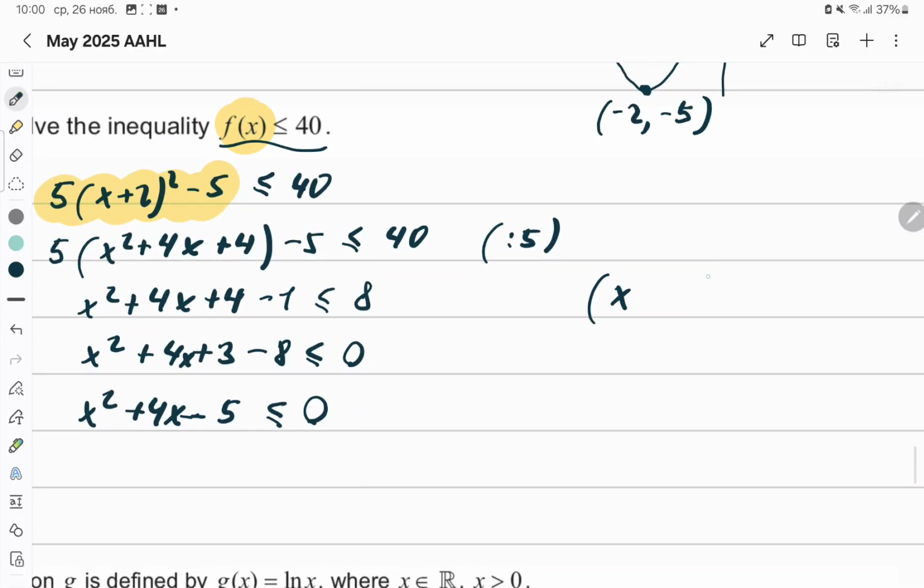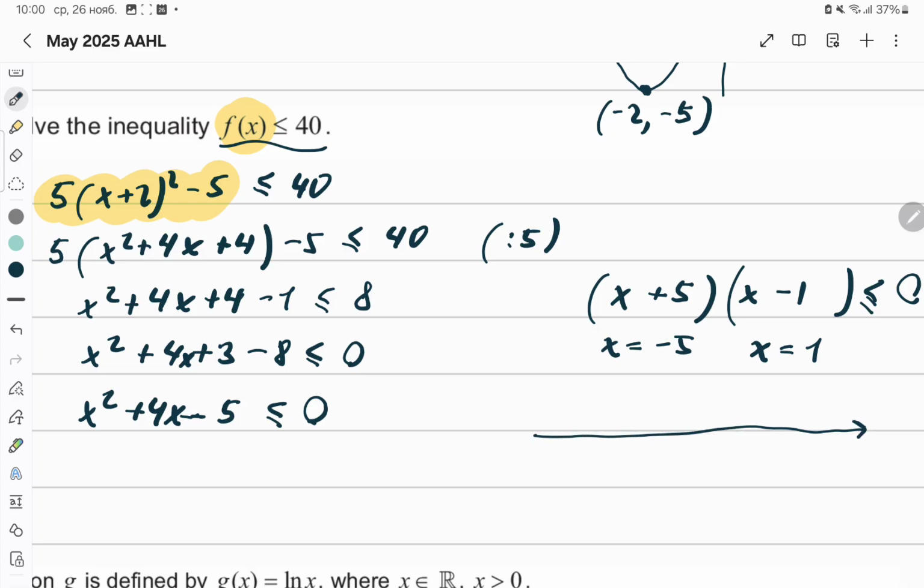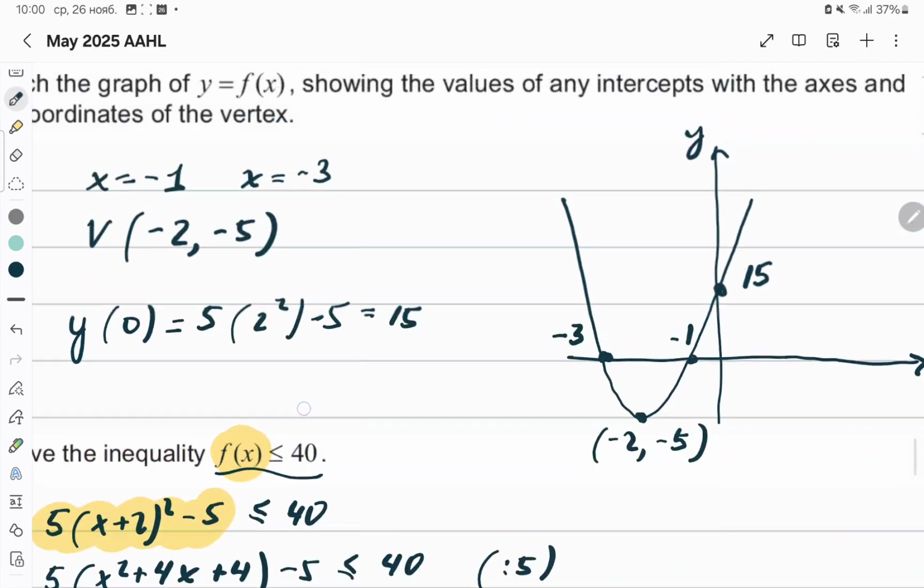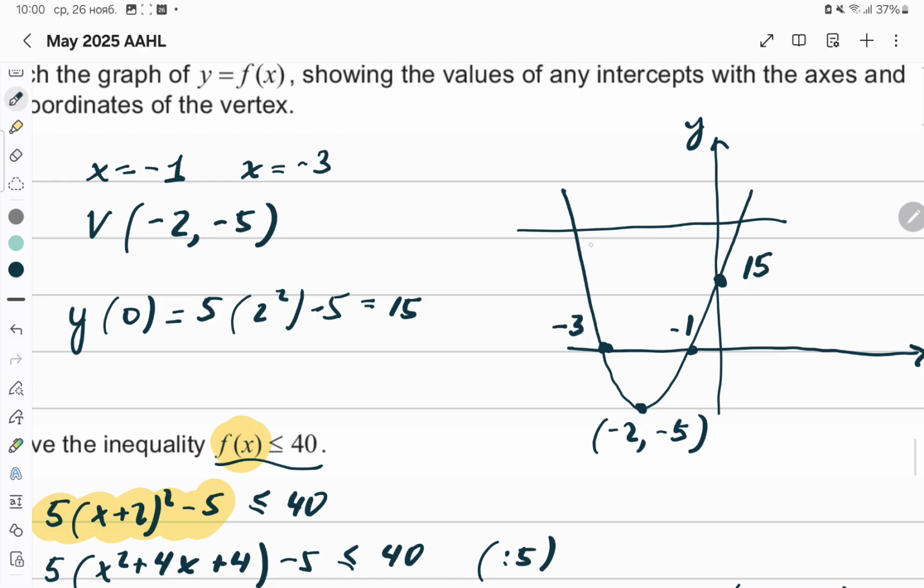So we are factorizing: (x plus 5)(x minus 1) less or equal than 0. Our zeros are -5 and 1, and let's represent this on a number line. Either a number line, or we can just use the parabola from the previous step. It's 40, and we should understand that the part of the graph below is this interval. So the answer is between the roots.